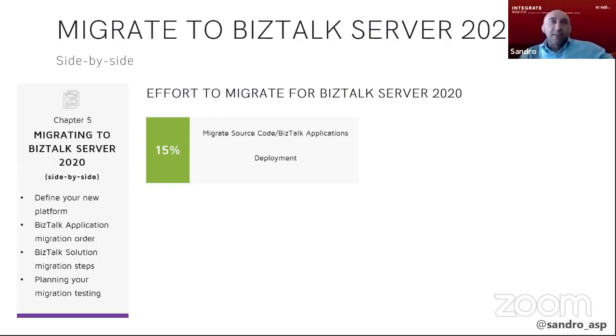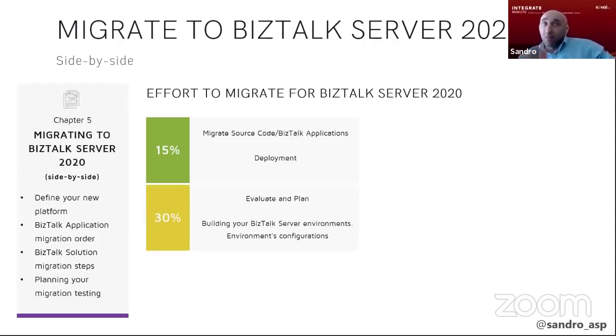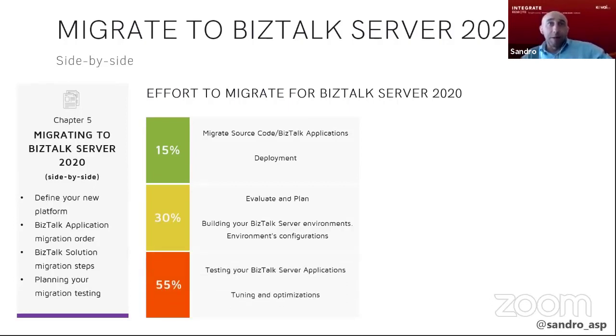I said last year, and I continue to say the same, 15% of the effort is to migrate the code, okay? 20% of the effort of migrating a BizTalk environment is to evaluate, plan the migration, and build environments. And more than half, so 55%, is about testing the applications, tuning, and optimizations.